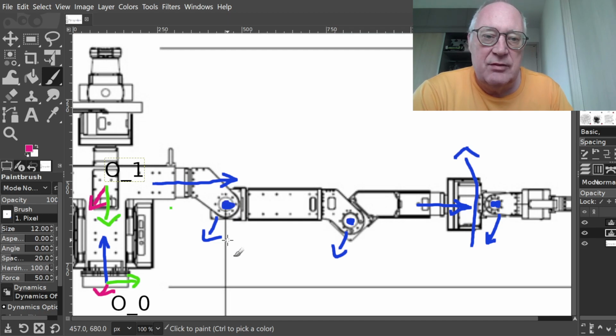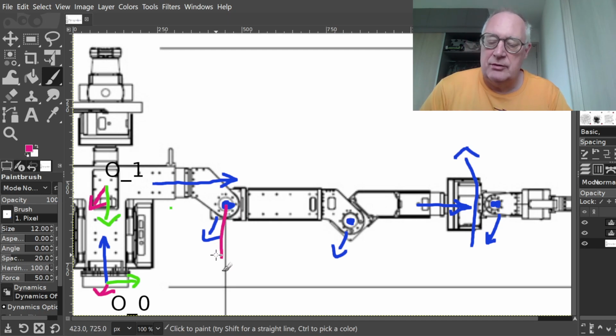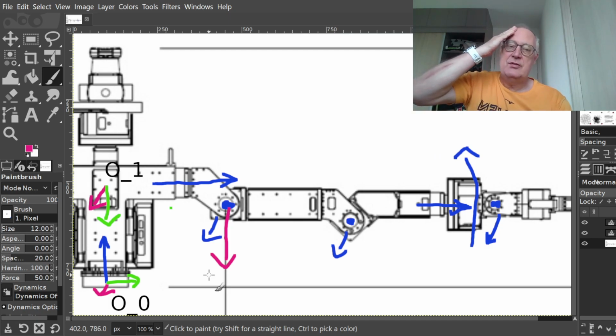So then that means the x-axis will be pointing downwards. Let's try and get a straighter line.